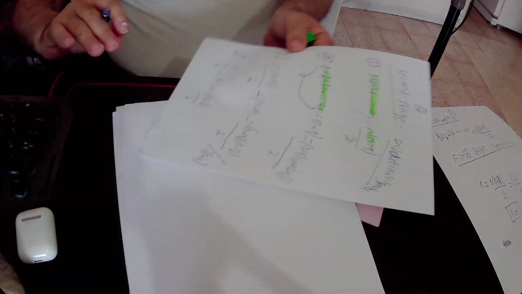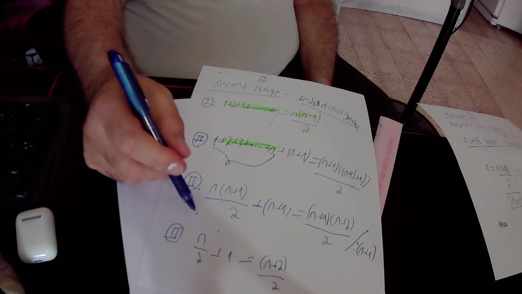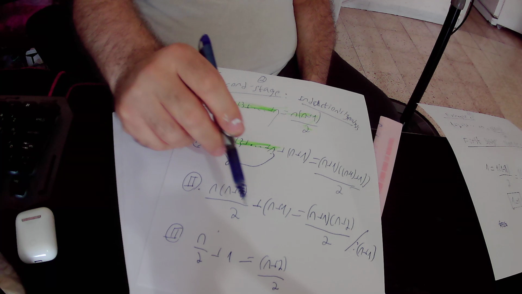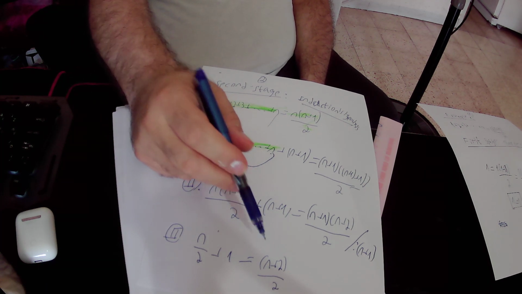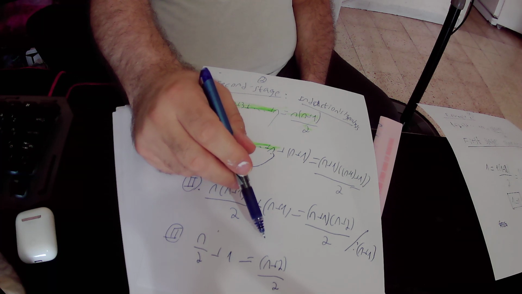So here we have n divided by 2 plus 1 equals n plus 2 divided by 2. So we can separate n plus 2 into 2 parts. Okay?